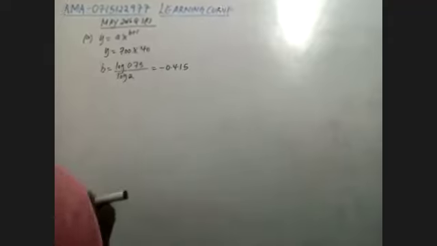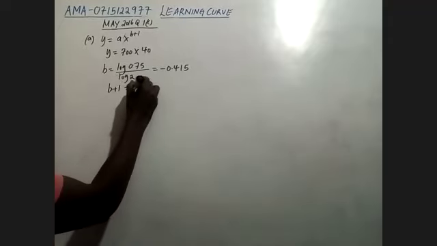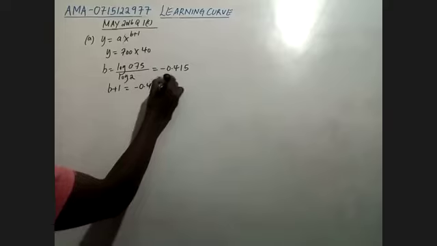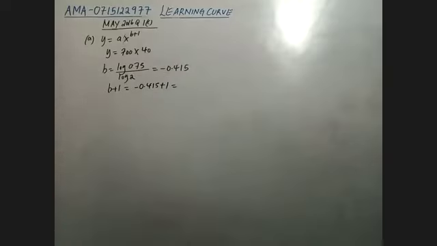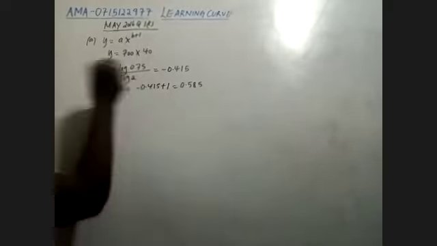Tumia hiyo. Now B plus 1. Kwa ni negative 0.415 plus 1. So itakuwa ngapi? Hiyo inakuja ngapi? 0.585.